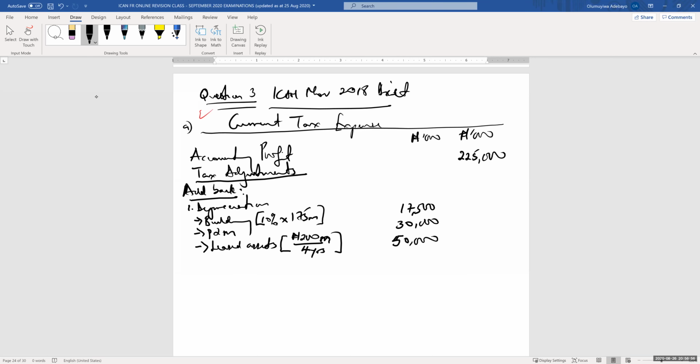Now the next one, apart from this, as a non-deductible item, is that the interest recognized on the lease will also be disallowed. Why? Because in note 3, we are told that only the actual rent is allowed.